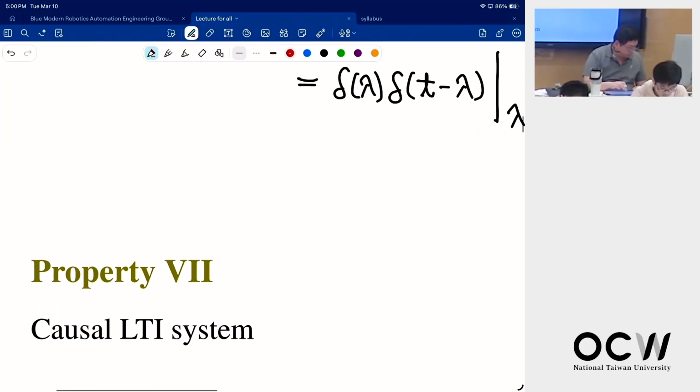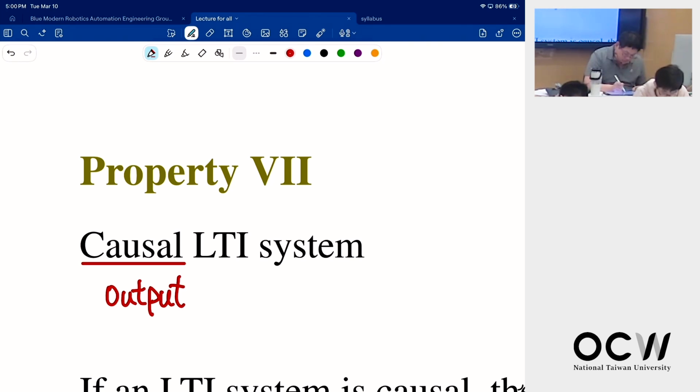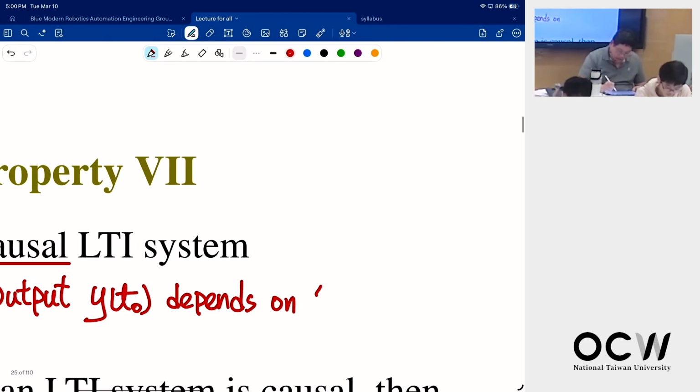So here the output depends on x t, and this t is less than or equal to t naught.